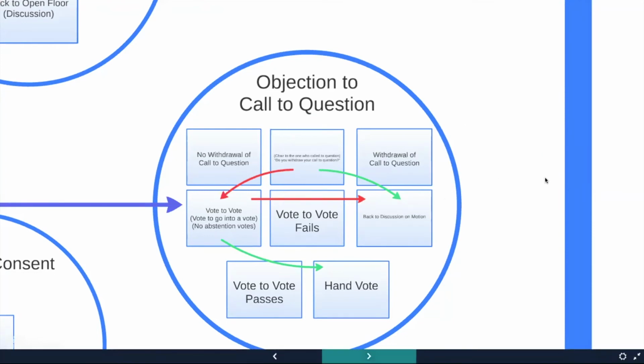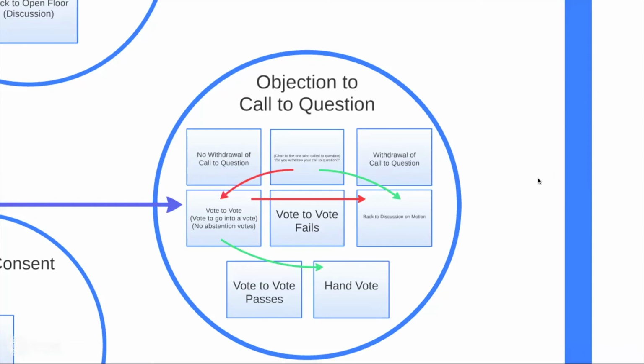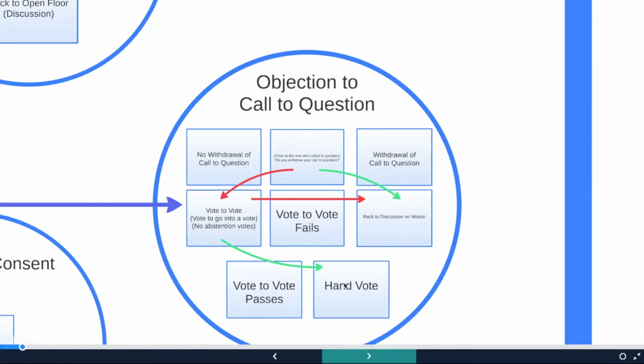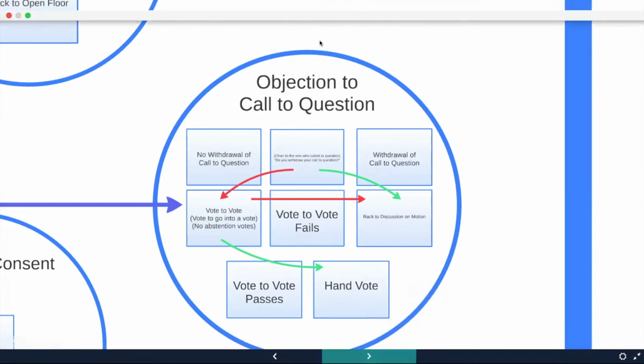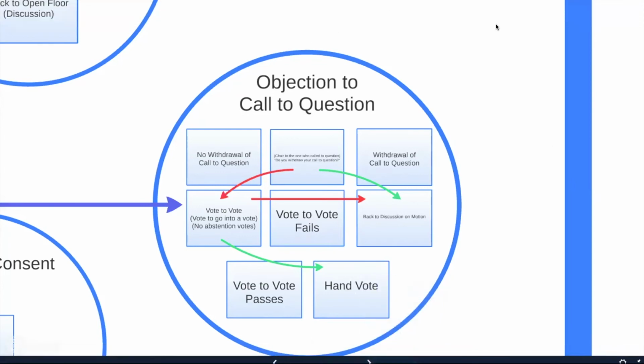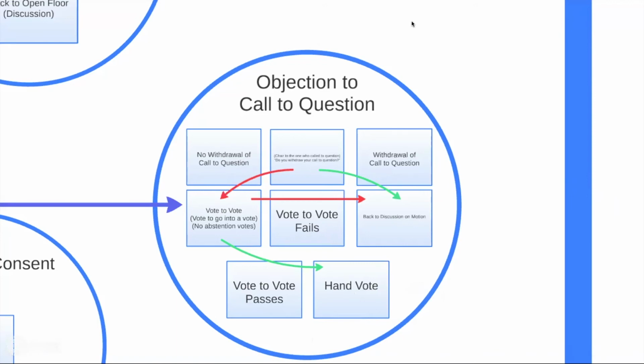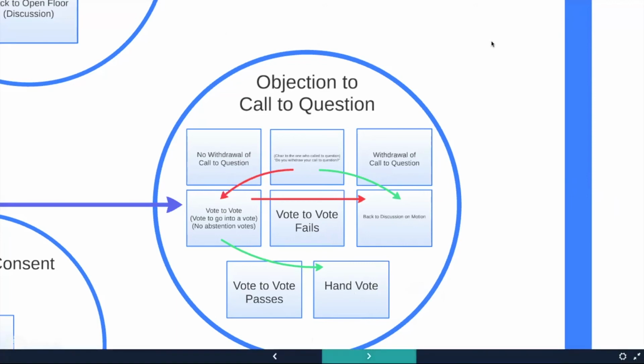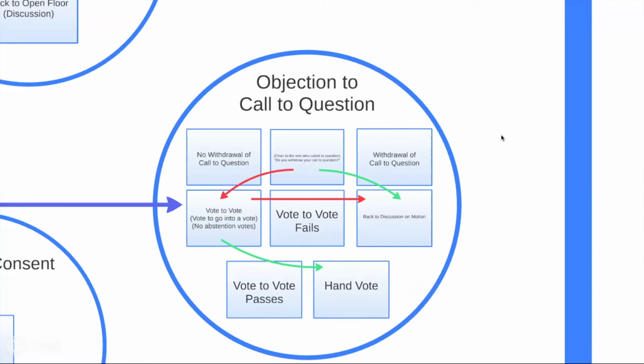Okay, and if you would like to vote no on the vote to vote, I think there's a different reaction. You can do the red X. Let me see where I can find it.